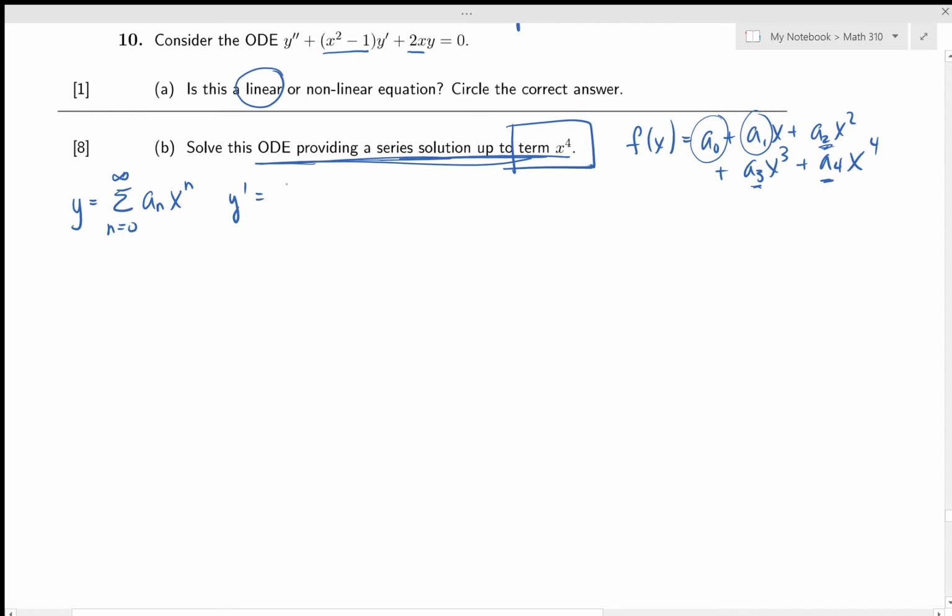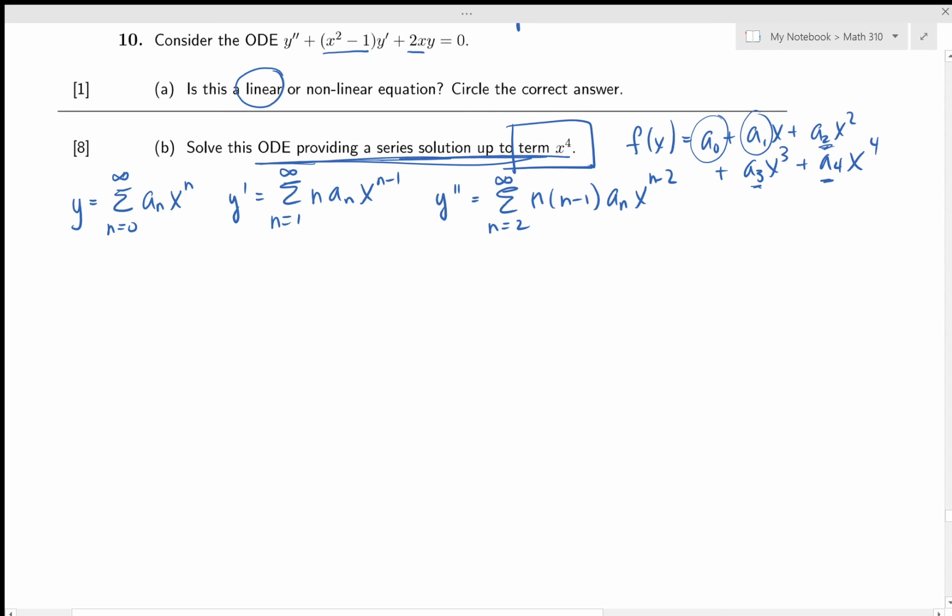This is the same for every problem that we do with series solutions. I've done this a bunch of times in some of the previous videos, and you should make sure that you can do this. So this is always the same. Nothing is specific to this differential equation at this point.